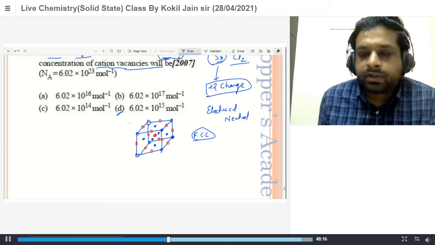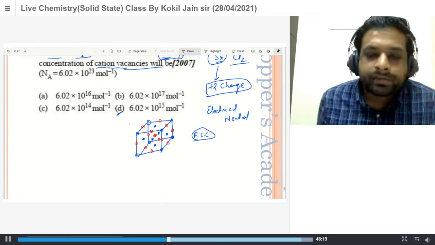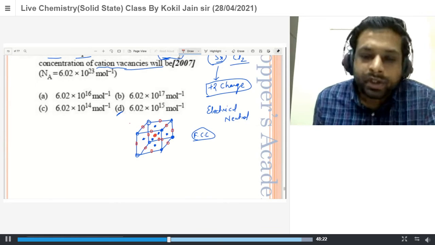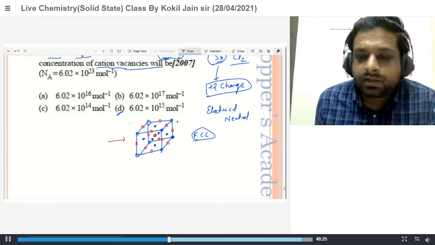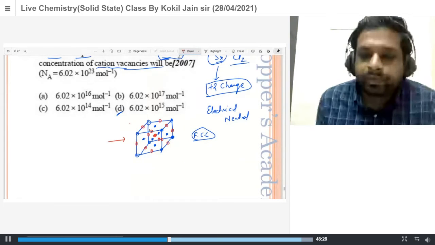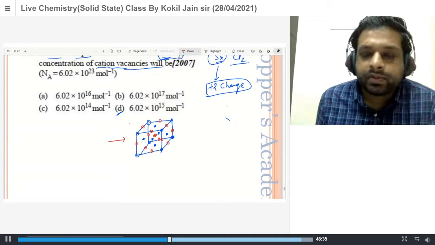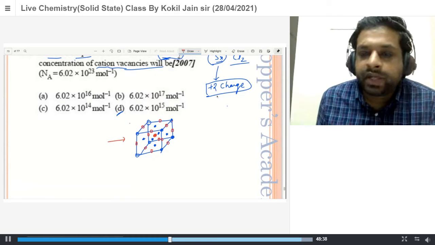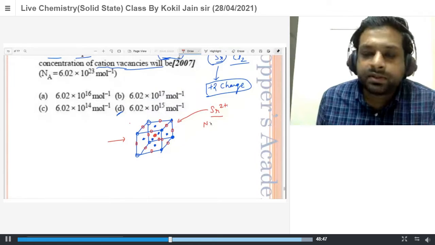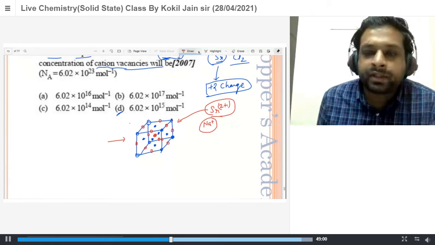Now, can you tell me, if I replace one Na+ ion here with Sr2+, to maintain the electrical neutrality, I will have to remove two Na+ ions.